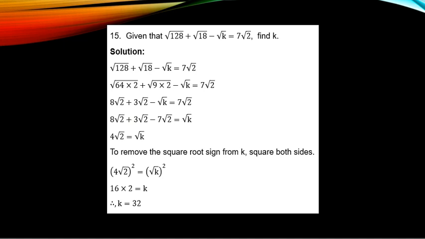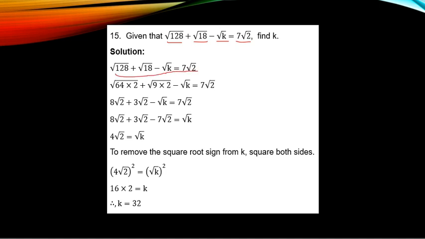Example 15. Given that square root of 128 plus root 18 minus root k equal to 7 root 2, find k. Okay? So you write out the expression.